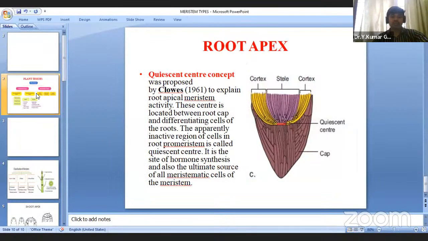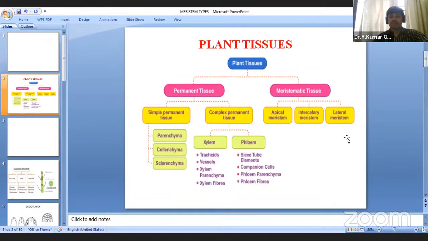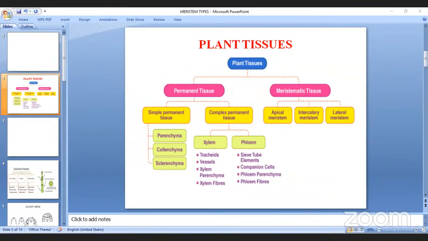So let me share the PPT here. Are you able to see the tissue slide? Yes, sir. Right.